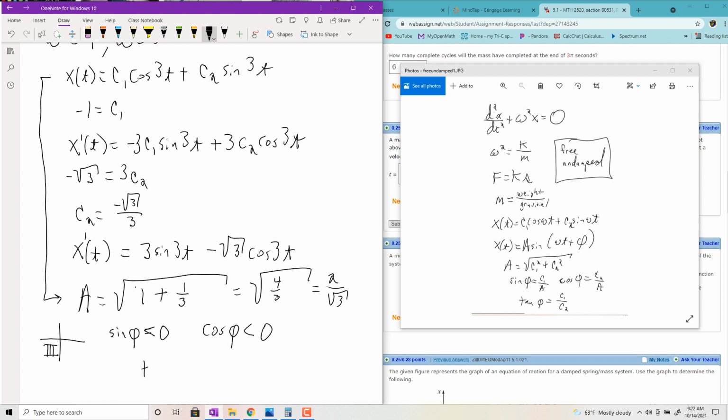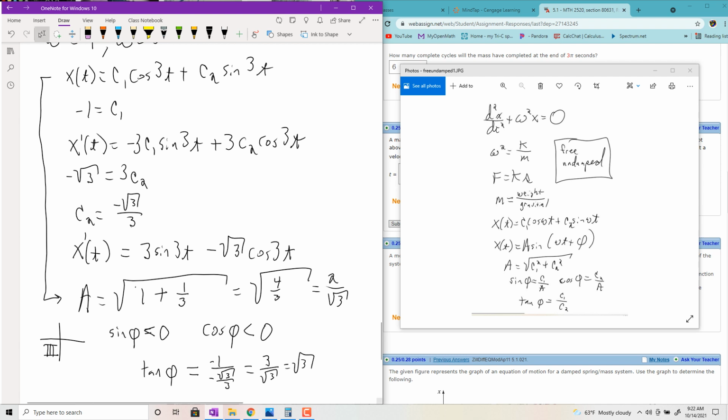Okay, so I can go to my tan formula and solve that, but I have to acknowledge that the angle I need is in the third quadrant. So anyways, tan of phi will equal c1 over c2, which is negative 1 all over negative root 3 over 3. Taking reciprocals, you'll get 3 over root 3, which is just root 3.